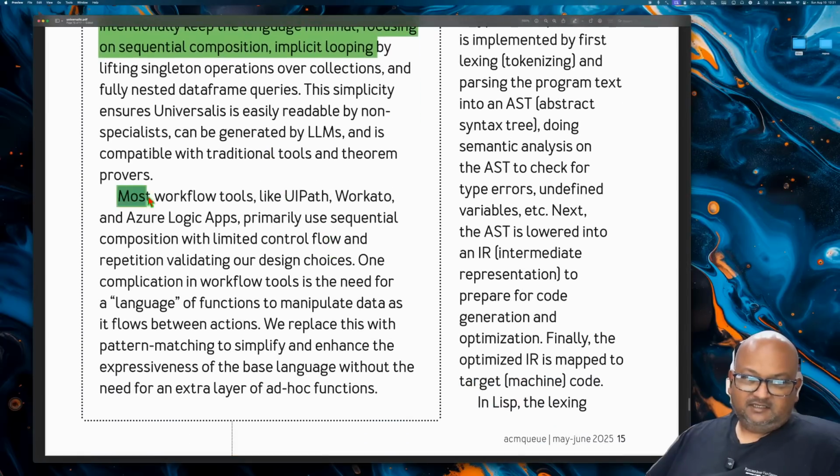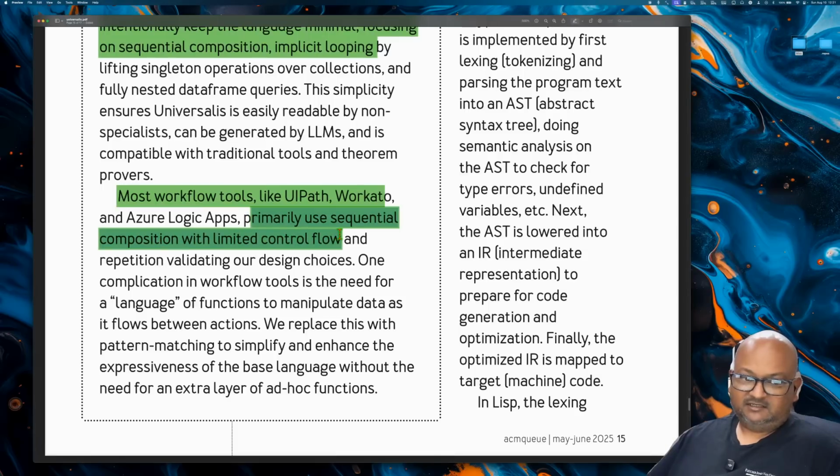I found this comparison with workflow tools really interesting. Things like UiPath, and I think more recent tools like N8N also fall into this category. They mostly use sequential composition. They have some limited control flow. So they have the notion of an if node in the flowchart.